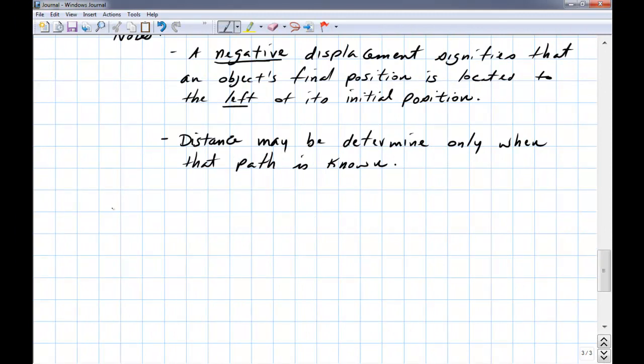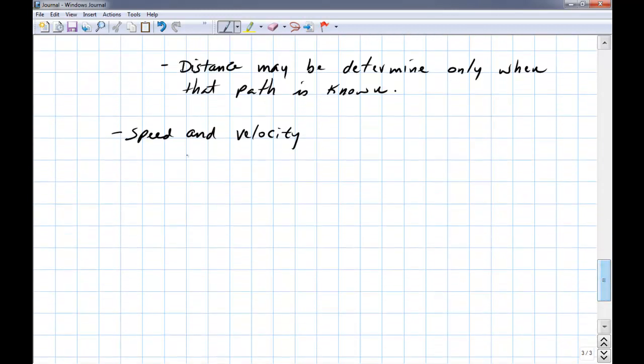Let's now introduce the concepts of speed and velocity. Starting with the definition of average speed.